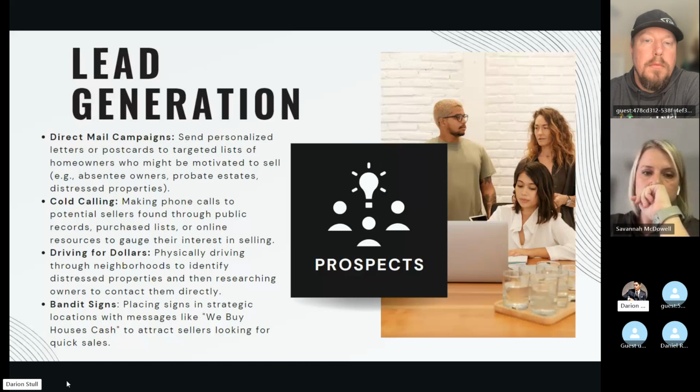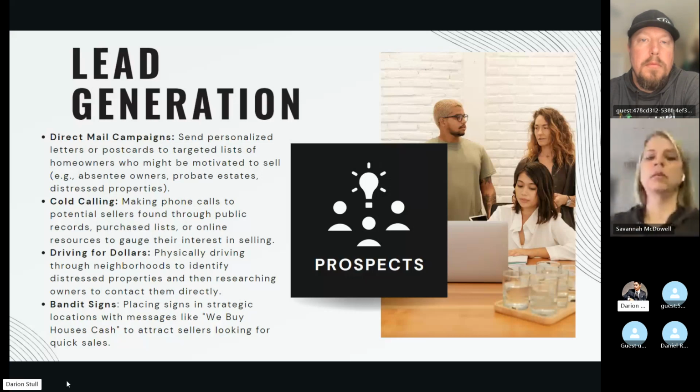You can skip trace them all for free by yourself, which is going to take a long time, or you can send it to a third party skip trace service. Once you do that, they'll send you back an Excel sheet with all the numbers and emails that they could find for the properties. And from there, you can essentially take that, plug it into a dialer, and just knock it all out.